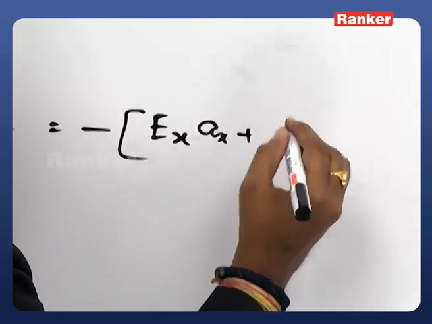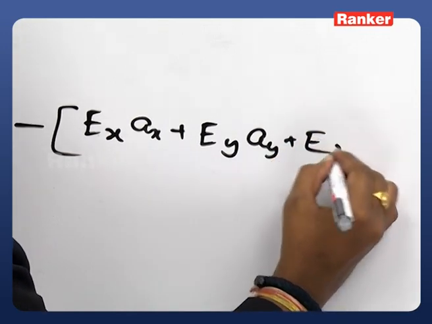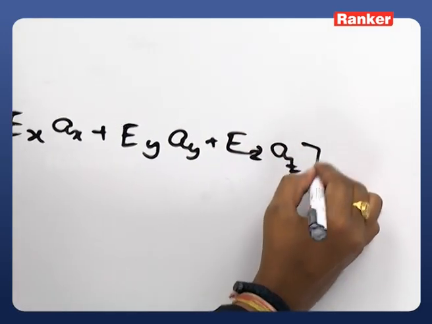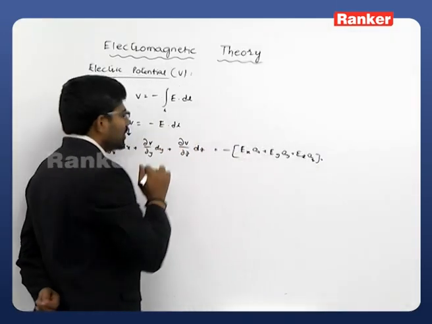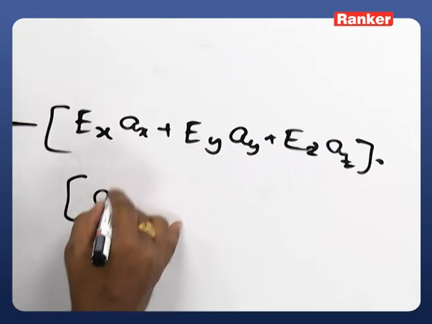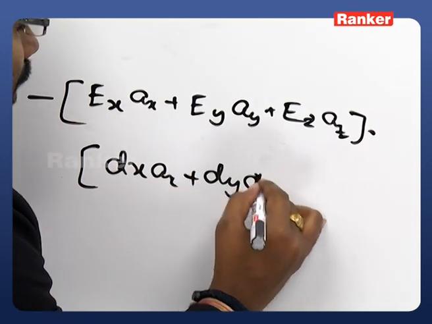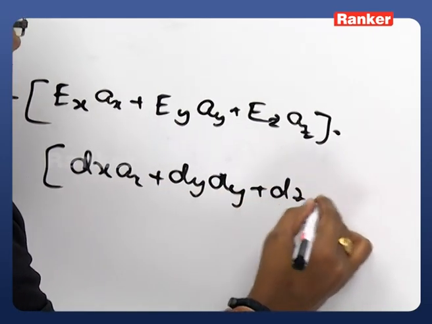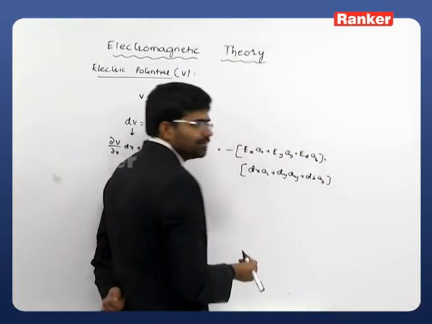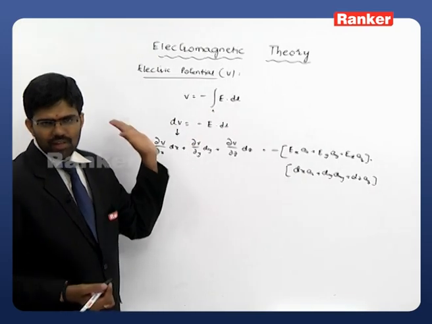That is Ex Ax plus Ey Ay plus Ez Az dot dl. The differential length in our rectangular coordinate system is dx Ax plus dy Ay plus dz Az. So what I did is I wrote the equivalent of all the components we have here, nothing more than that.